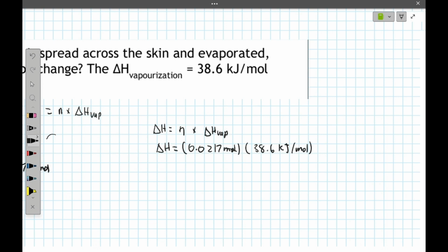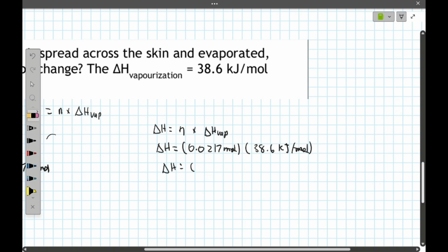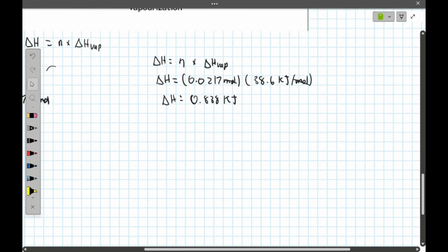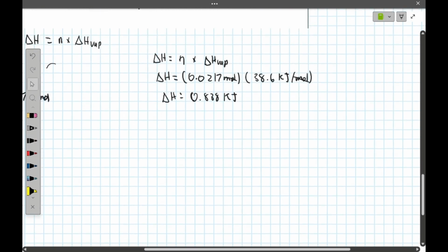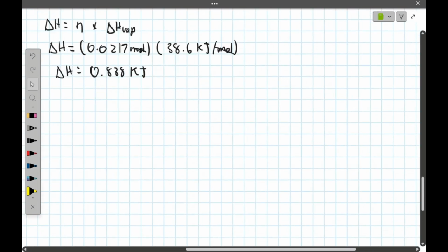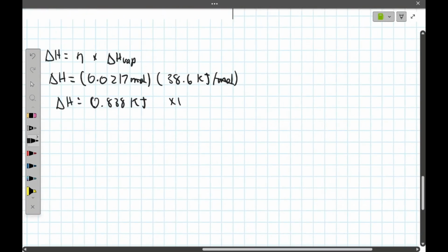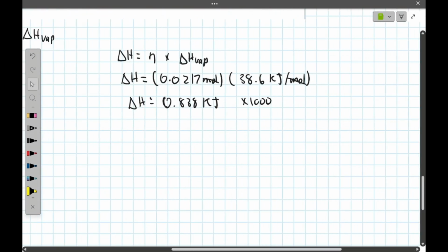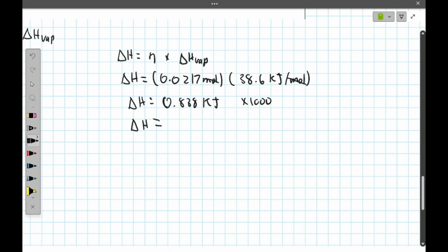So moles cancel out moles, and our answer is going to be 0.838 kilojoules. Now all we have to do to convert this into just joules is multiply it by 1,000. So change in enthalpy is equal to 838 joules.